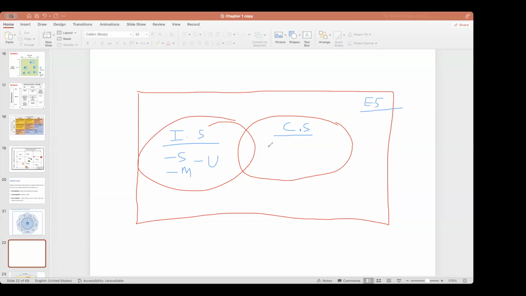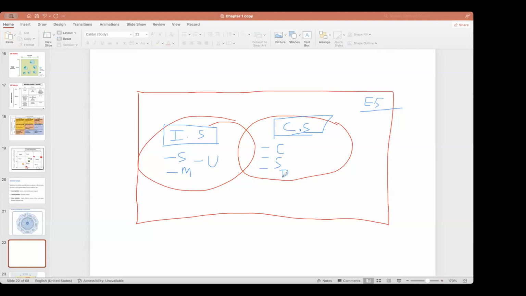Then you have connected stakeholders. They are outside the boundary of the organization. They are not internal, they are connected. So they interact with the organization: customers, suppliers, distributors.